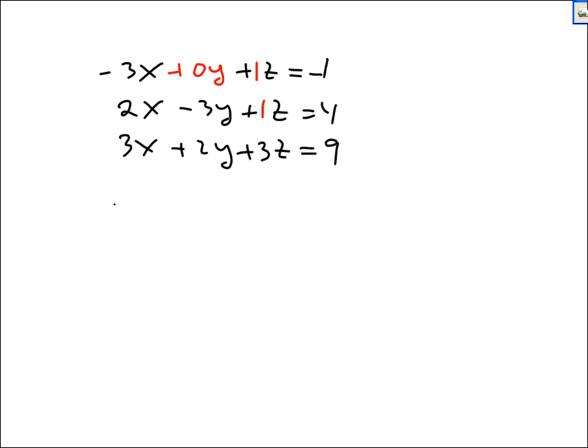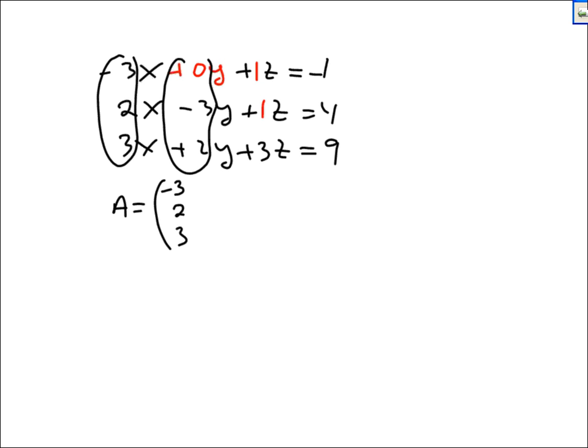Well, suppose I let A, matrix A, just be what's called a coefficient matrix. That is, the numbers in front of x, the numbers, including the signs, in front of y. Of course, the positive signs you don't have to write, followed by the numbers in front of z. 1, 1, 3.